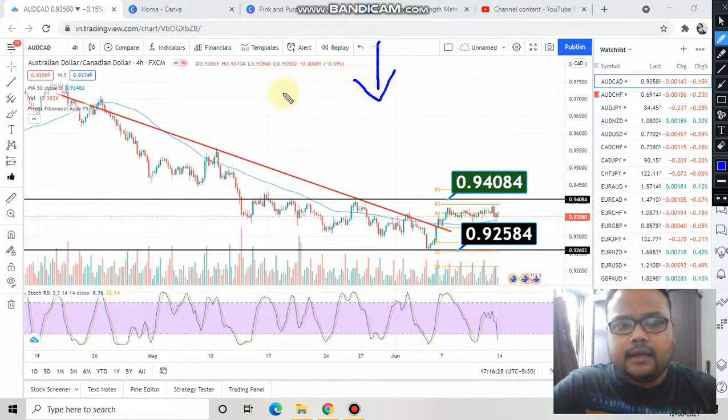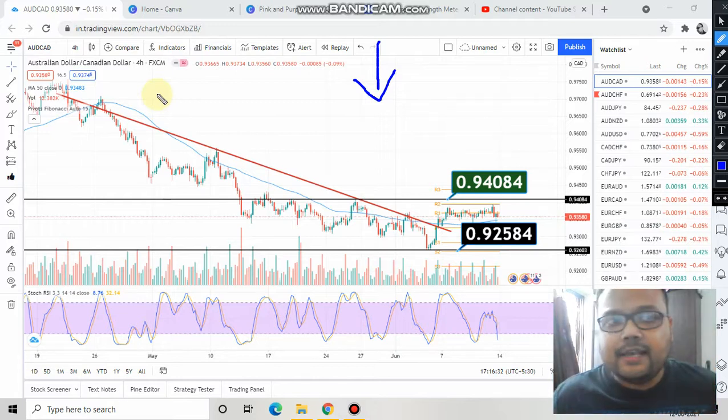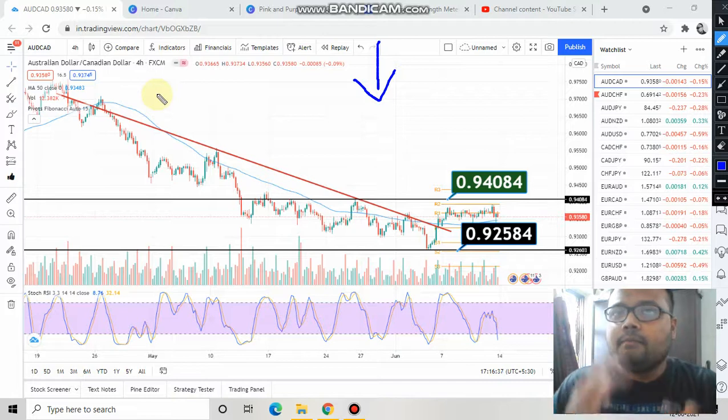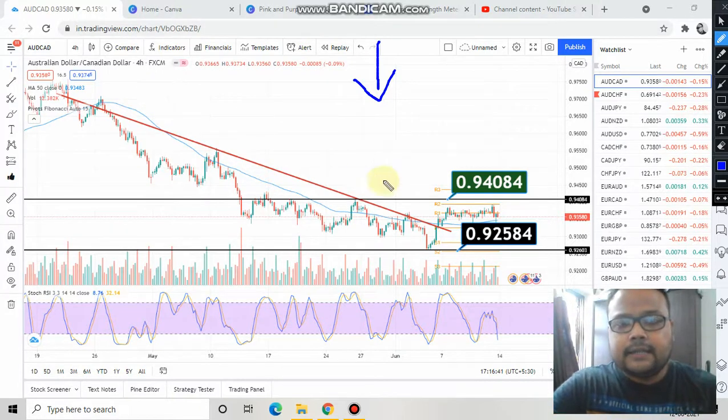There is no doubt about it that market had some heavy selling pressure, and yes, market is in clean downtrend. Means this market is being dominated by the sellers. Whenever market was trying to go up, it was getting resistance from the 50 moving average.